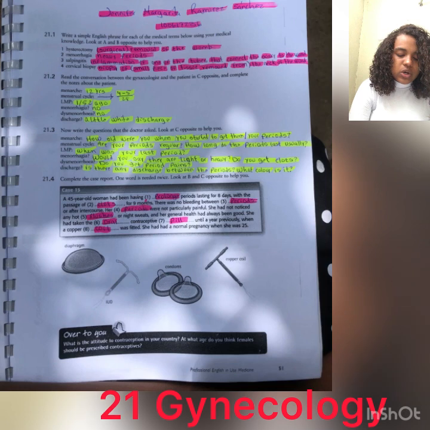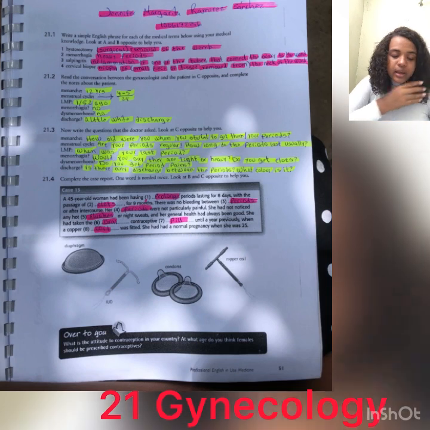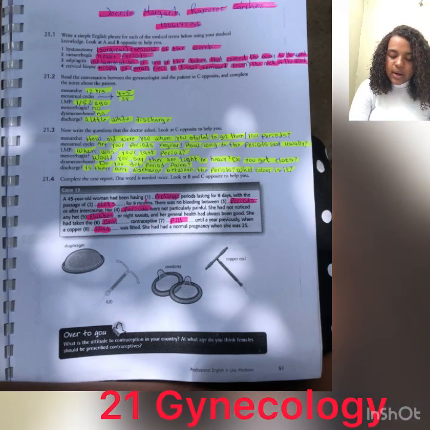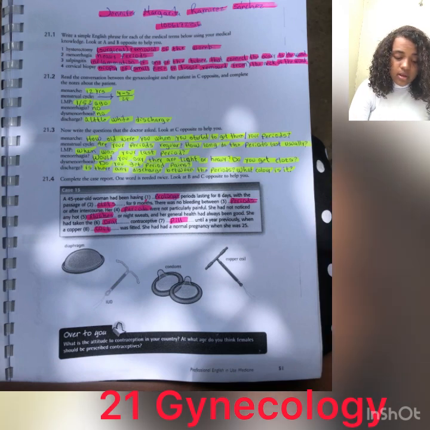21.3. Now read the questions the doctor asks. Look at C opposite to help you. Menarche: how old were you when you started your periods? Menstrual cycle: are your periods regular? How long do the periods usually last?